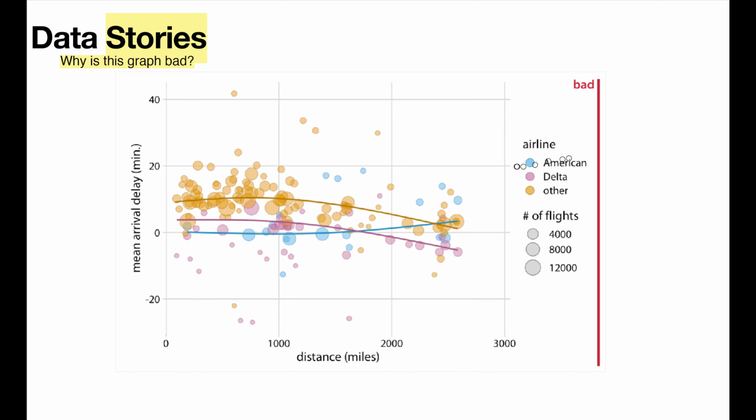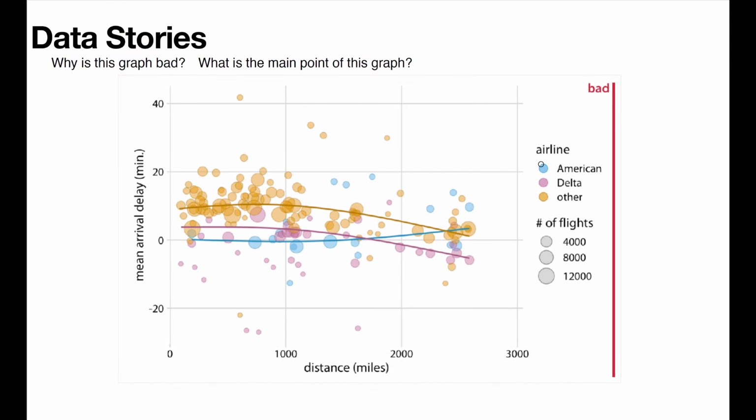Why is this bad? Well, notice that in the legend, American Airlines and Delta Airlines are sort of singled out as named airlines to be represented in the plot. And we're told that this is measuring delay time. It's a little less obvious that line there is the zero delay time.